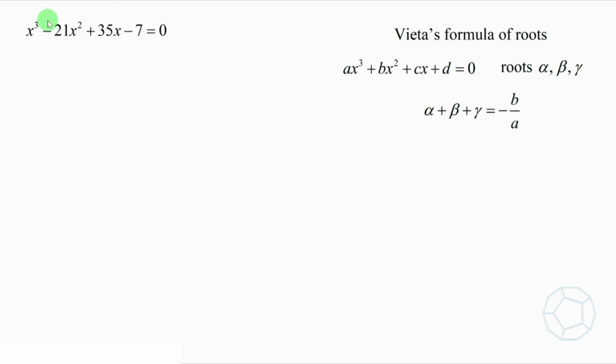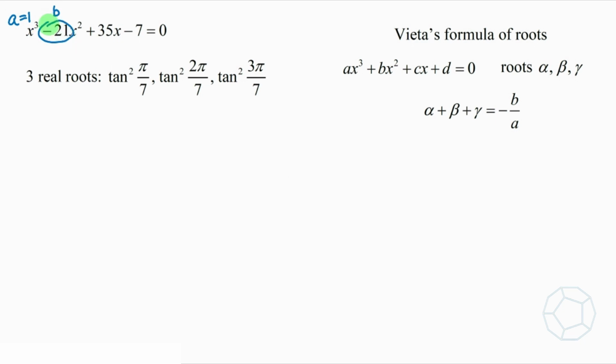So for the previous equation in part 2, with 3 real roots, tangent squared pi over 7, tangent squared 2 pi over 7, and tangent squared 3 pi over 7, then a is equal to 1 and b is equal to negative 21. Then the sum of roots is equal to negative 21 over 1, which is 21.